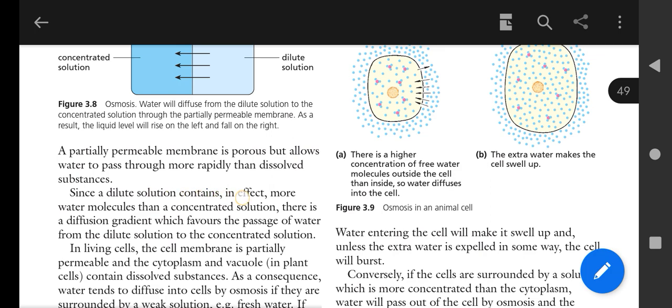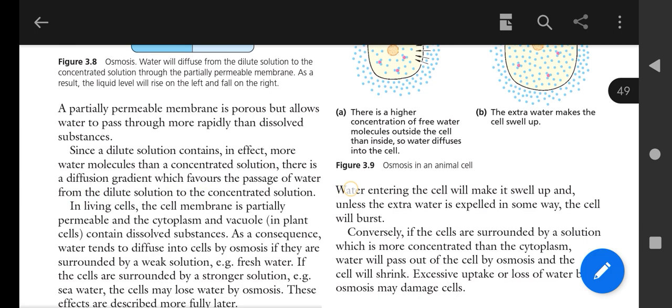Since a dilute solution contains in effect more water molecules than the concentrated solution, there is a diffusion gradient which favors the passage of water. It is a very easy concept: from the dilute solution to the concentrated solution.